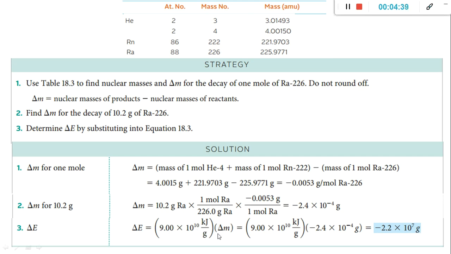It will be multiplied by delta m, which is negative 2.4 times 10 raised to negative 4. So delta E is equal to negative 2.2 times 10 raised to 7 kilojoules. It should be kilojoules.